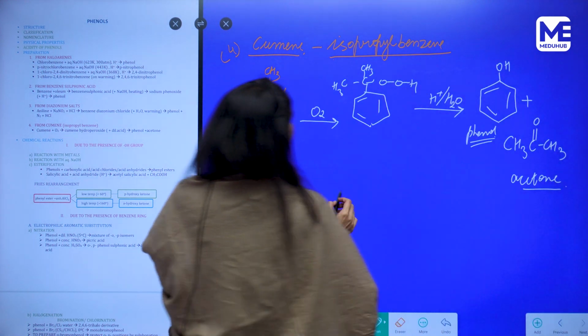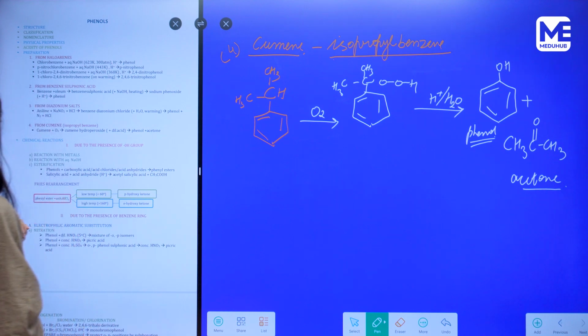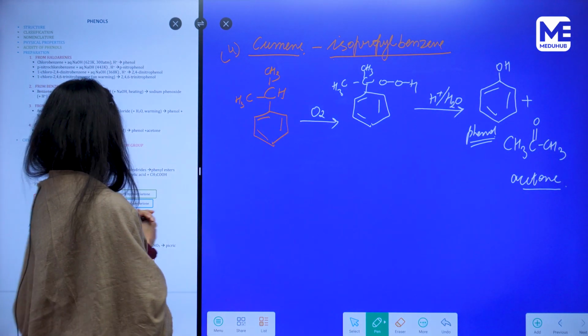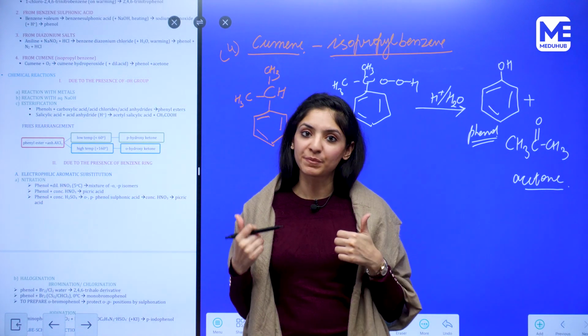This method is used for the mass manufacture of phenol using cumene. Alright. Right. So this is it about the methods of preparation.